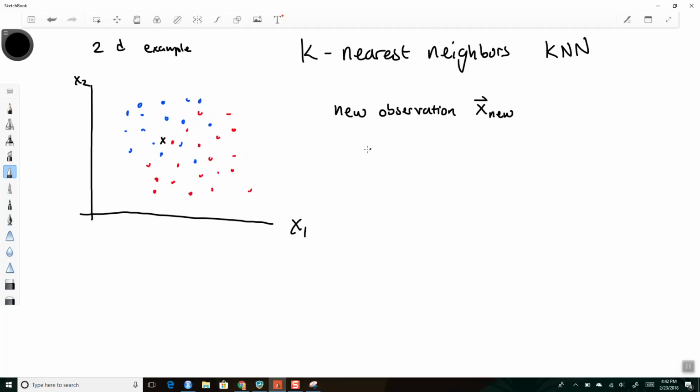What you do is you measure the distance from your new data point, x new, to every other data point in the data set.